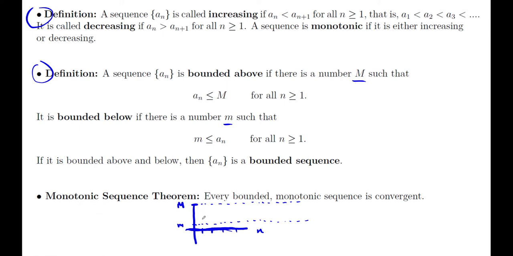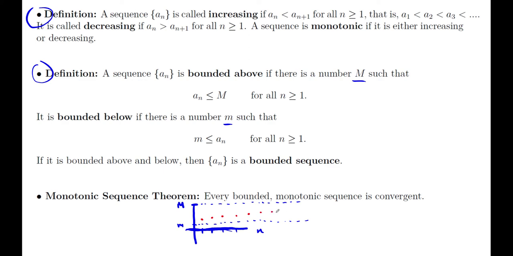Let's just say that the sequence starts here, and it's monotonic in the sense that it is always increasing. Then the next dot's got to be above it, and the next dot would have to be the same or above it. And so one of two things is going to happen. Either this dot is going to settle on a particular number, or it's going to keep growing.